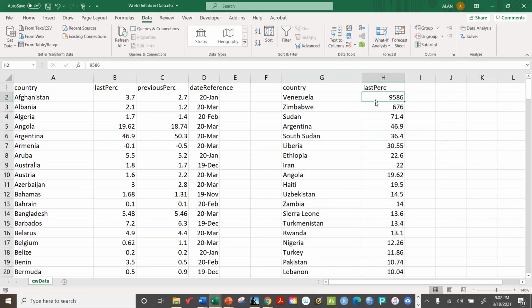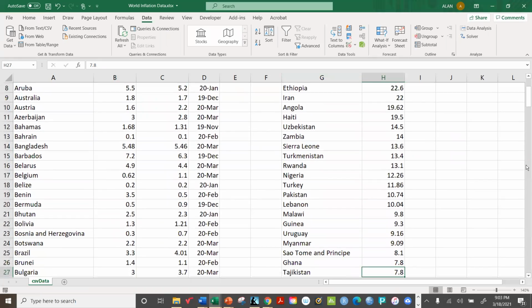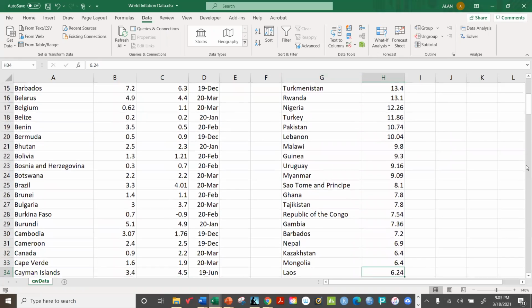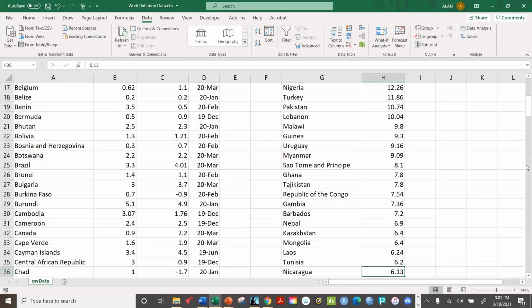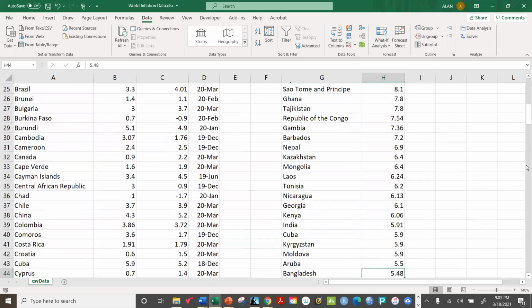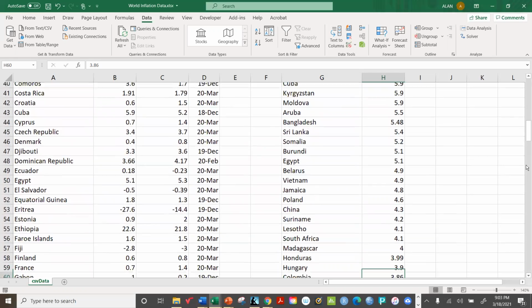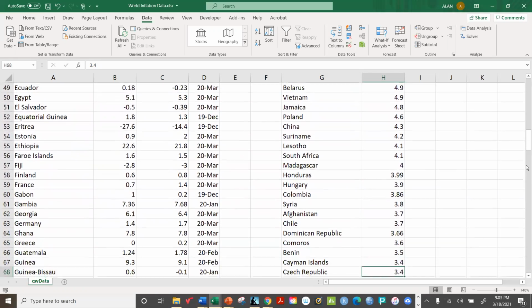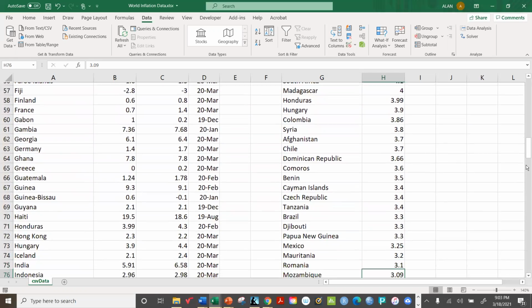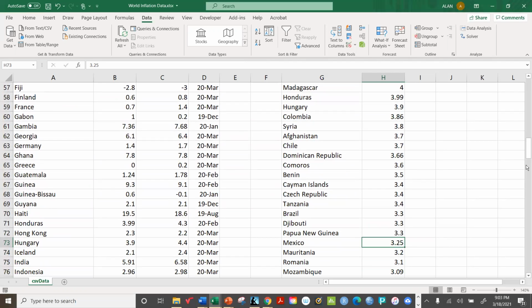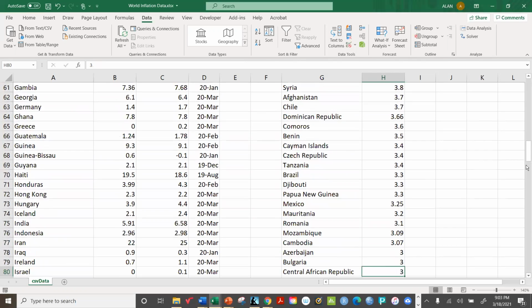All right, well, Venezuela and Zimbabwe, those are pretty high. But if we work our way down the list, let's look for the first Western countries that we can find. Wow, look at this. Some of these aren't that bad. But when we keep going down the list, let's see. Mexico is only at 3.25%, which is not bad by their standards.